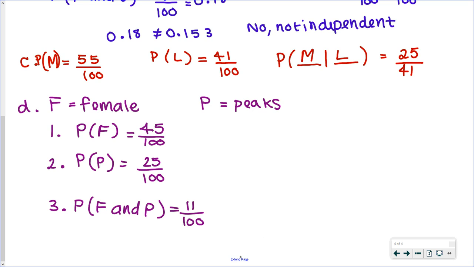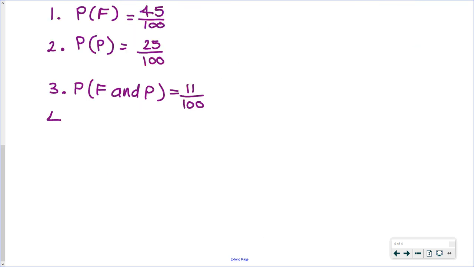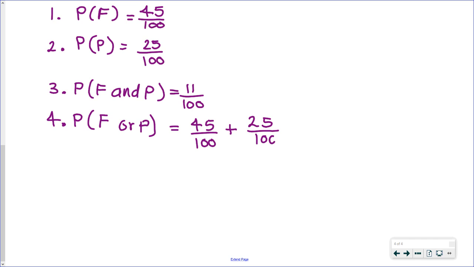And then the fourth thing we want to find is the probability of F or P. So let's look up here. We know that F is 45 out of 100 plus P, 25 out of 100.